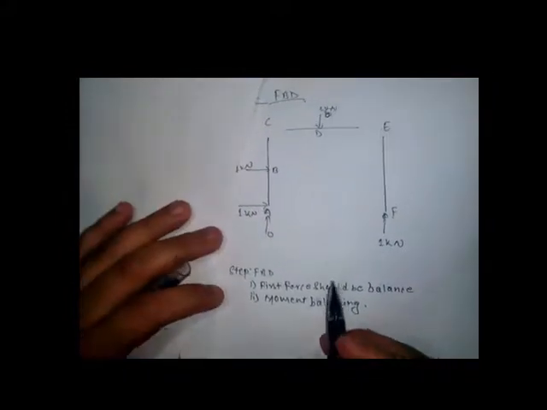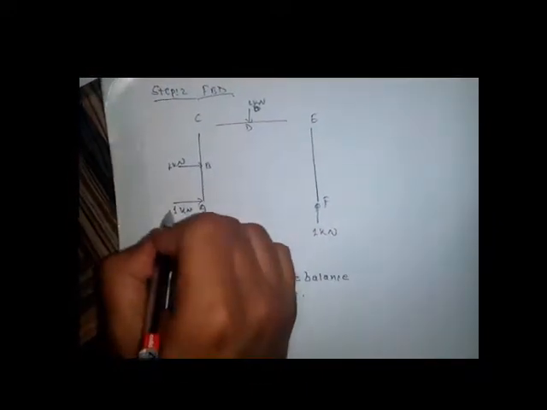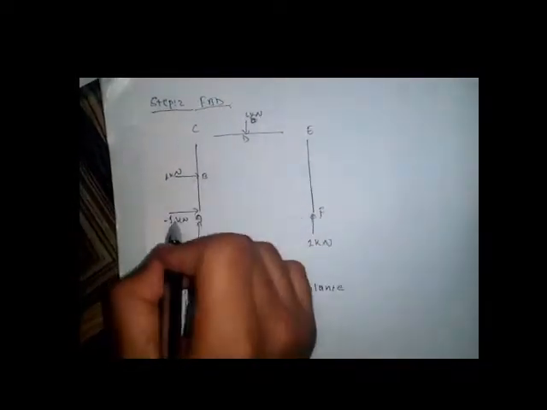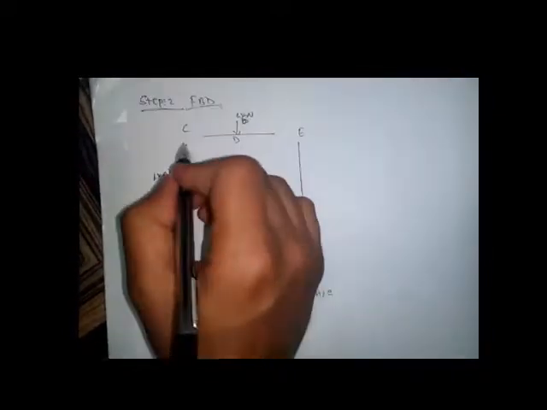Now first we should follow the first step. 1 kilonewton load here, and minus 1 at this position. 1 kilonewton load here, minus 1 here. That means these both neutralize each other. That will be 0 here and 0 here.